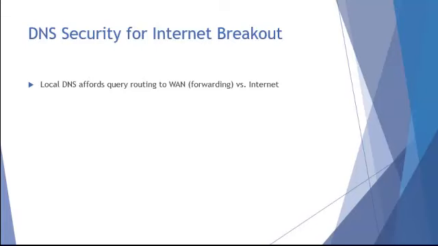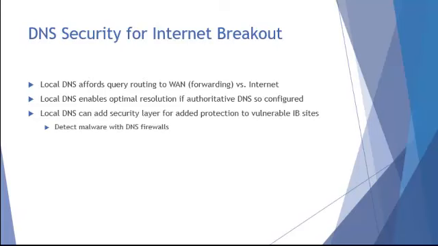So it gives you the ability to forward internal queries locally into your WAN and only send out queries for Internet or cloud-based destinations to the Internet. It also enables that optimal resolution if authoritative DNS is also configured, if it's got local zones configured. And then it also adds the opportunity for that additional security layer that can be added for vulnerable Internet Breakout sites.